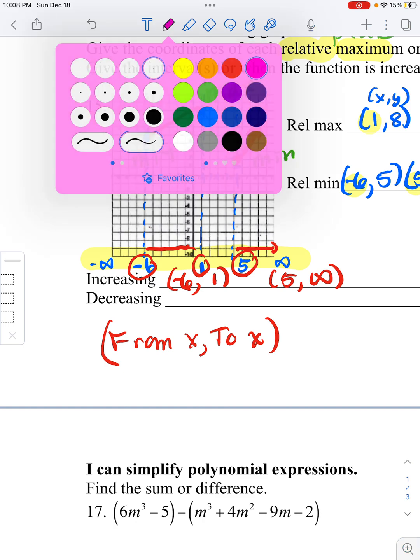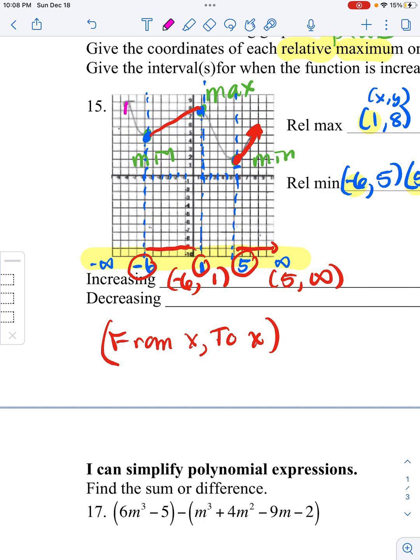How about decreasing? Decreasing is going to be coming down from left to right. Now I know this arrow is pointing up, but I'm talking about from left to right. If you're riding your bike, you're going downhill and downhill. So this region and this region are decreasing. This region on the far left goes from negative infinity to here.